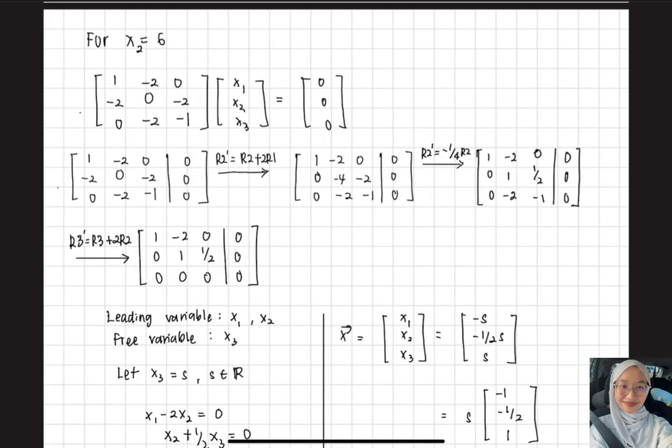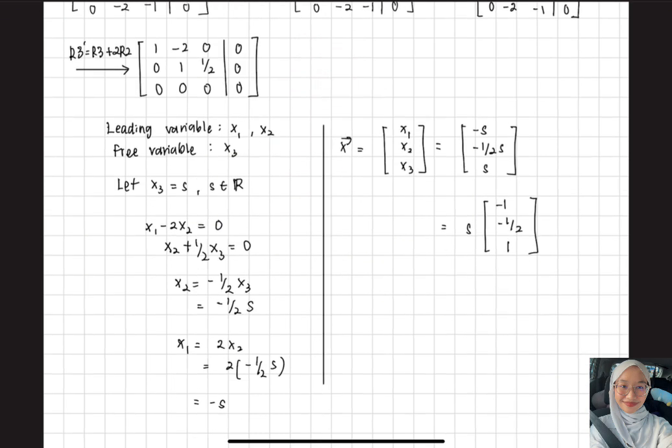Next, for lambda equals 6, we change it to augmented matrix form and we solve this matrix into RREF form. Then we find that the leading variables are x1 and x2 and the free variable is x3.